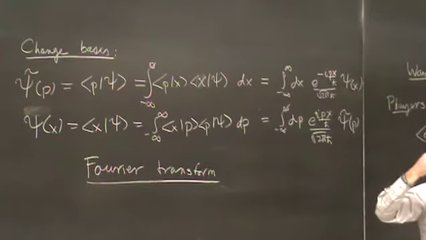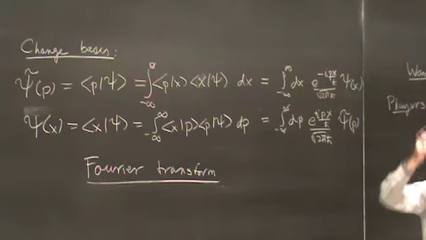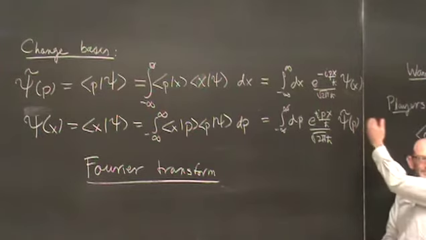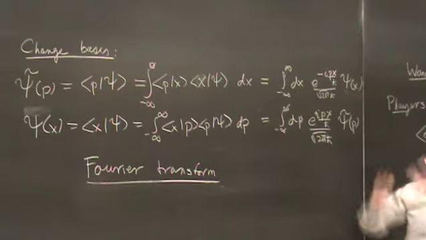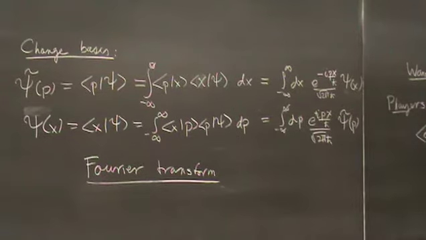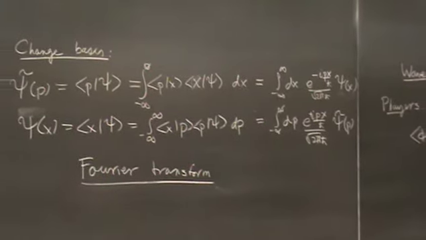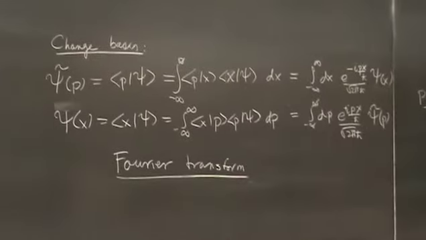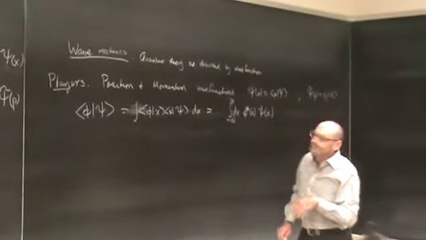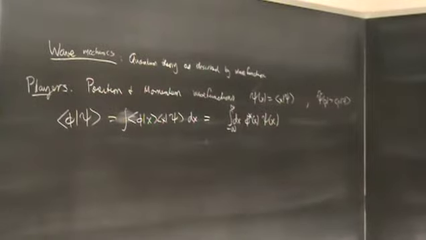Because the plane wave is e to the ikx, and when you project, you take the complex conjugate. Now, of course, if you have frequency and time, it's the opposite, which we're going to come back to in a moment. Okay, so that's that. Let me get my notes here to make sure I remember everything I wanted to say.